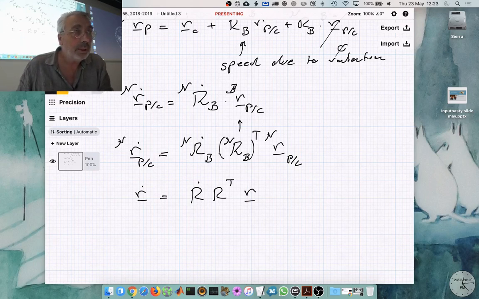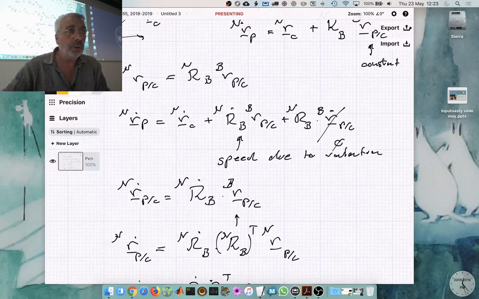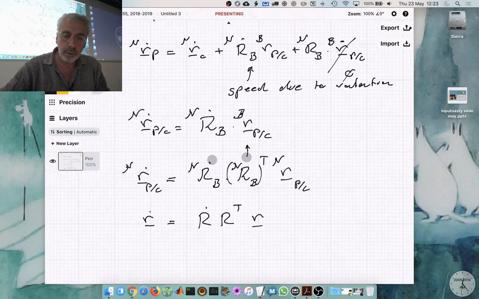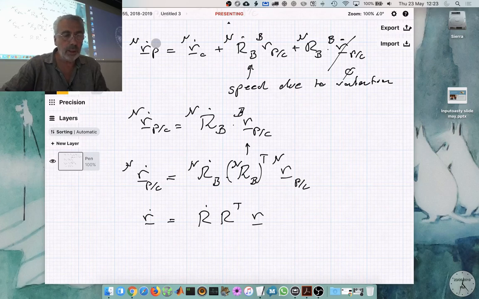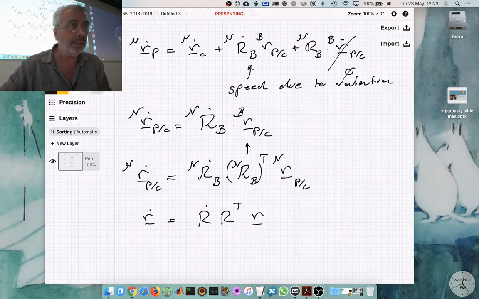Question: why do you want the position vector with respect to C in the inertial frame? Because I finally want to make this step. In the inertial frame here, because the Newton equation is, everything is in the inertial frame. Why do I want to have this one in the inertial frame? Because I want to go back to a general vector equation.